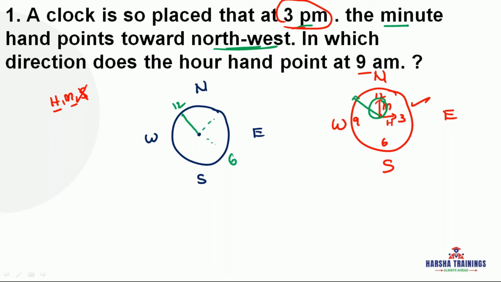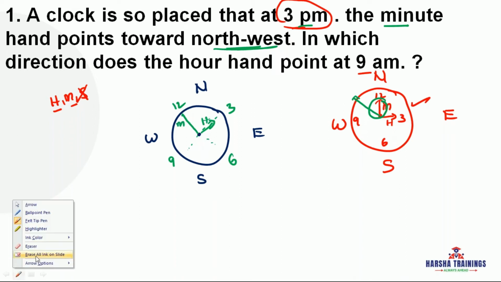This is 3, and opposite to 3 is 9. Just change minute hand and hour hand. Don't change the directions. The direction is fixed; just change the hands. Now the hour hand shows which side? The 3 side. So this is the hour hand and this is the minute hand. Clear, everyone?